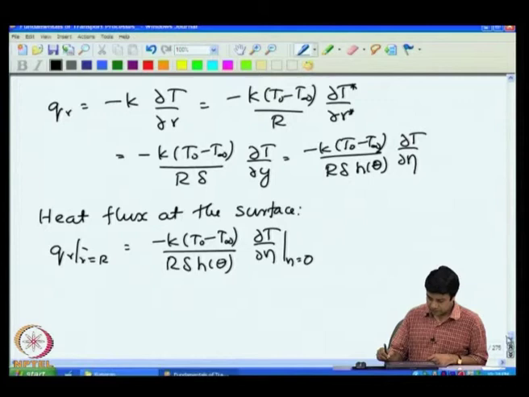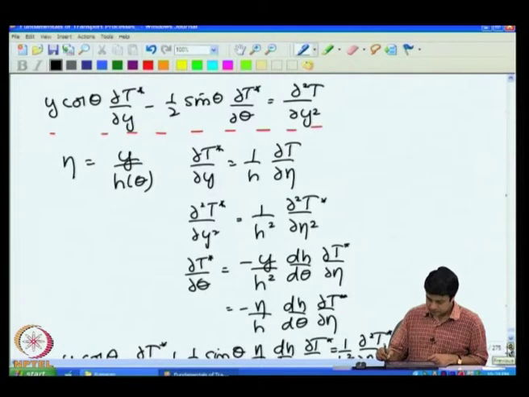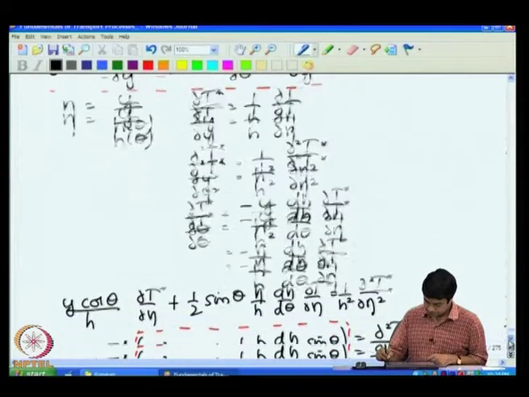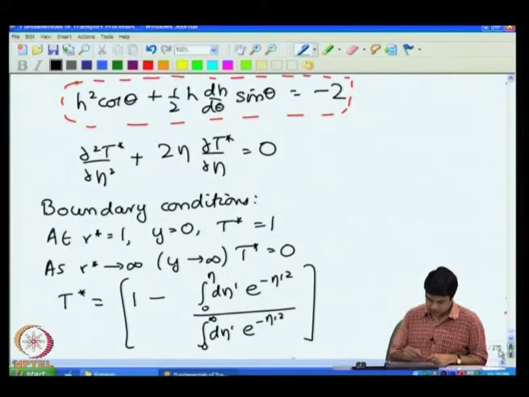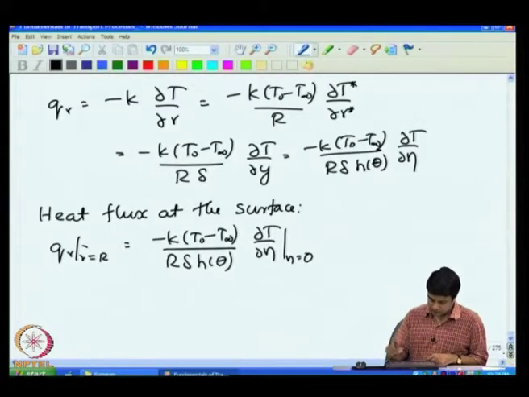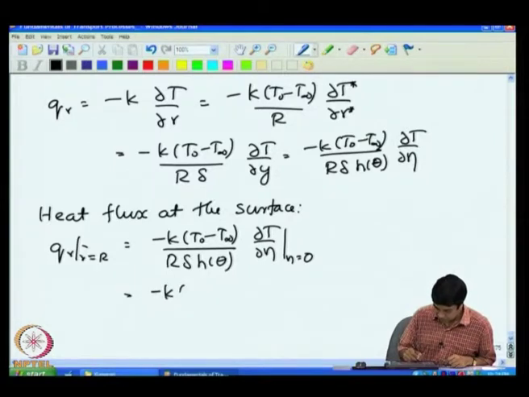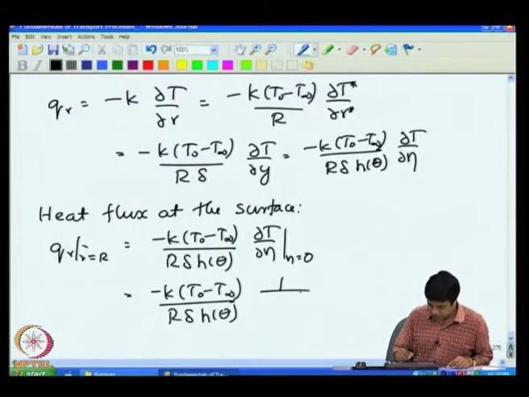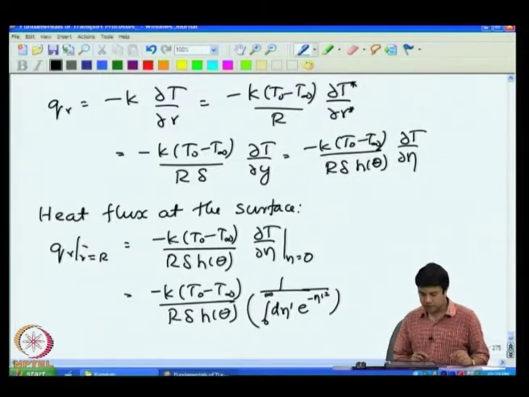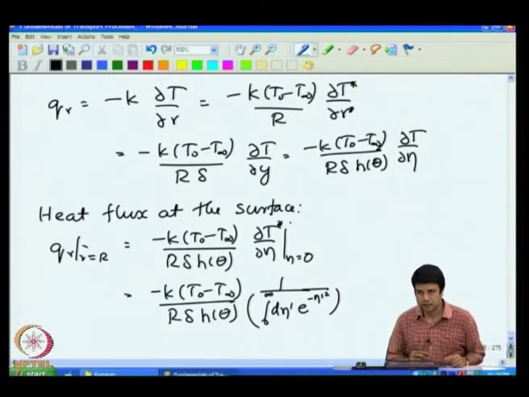If you go back to our earlier expression for T star in terms of eta, I can use that expression to write this as minus k (T naught minus T infinity) by r delta, h of theta, times 1 by integral 0 to infinity d eta prime e power minus eta prime square. This is the derivative of T star with respect to eta.